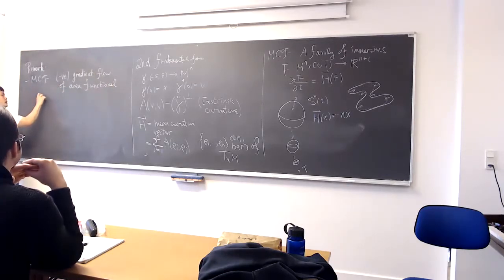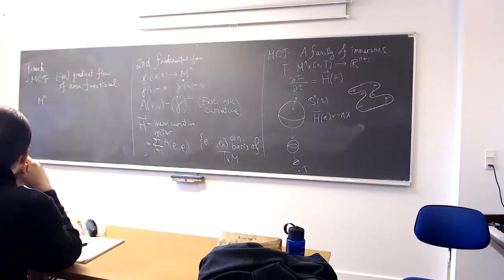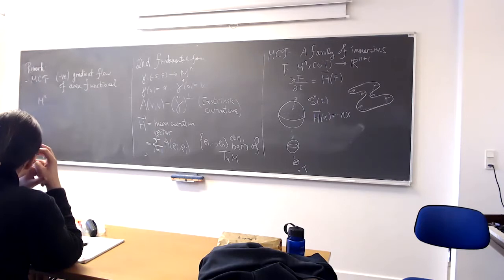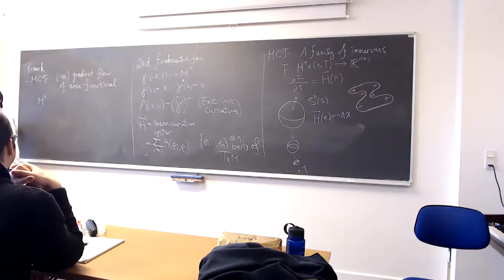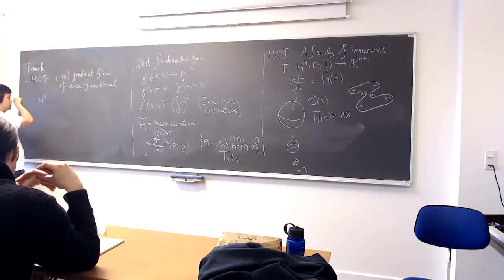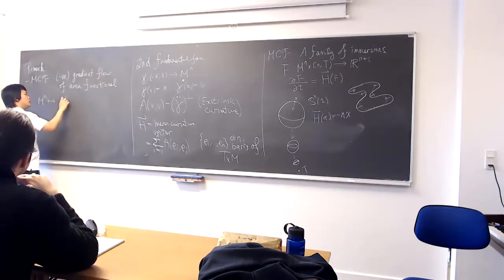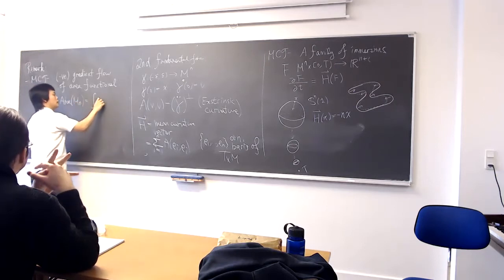For any embedded surface, I can calculate the area. I can think of a family of embedded submanifolds, calculate all the areas, and then take the derivative. That's the first variation formula. You'll see the mean curvature vector showing up in the derivative of the area.